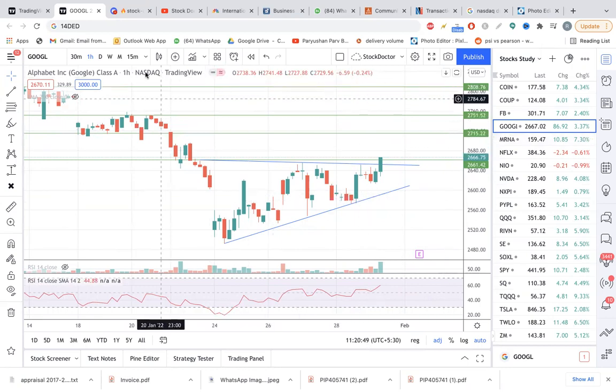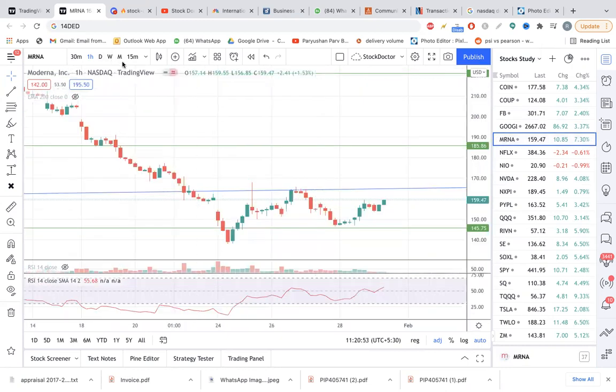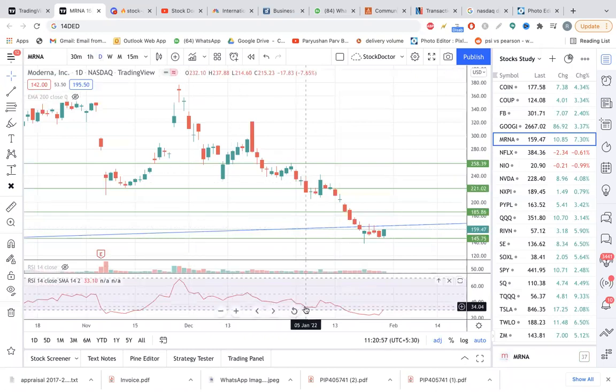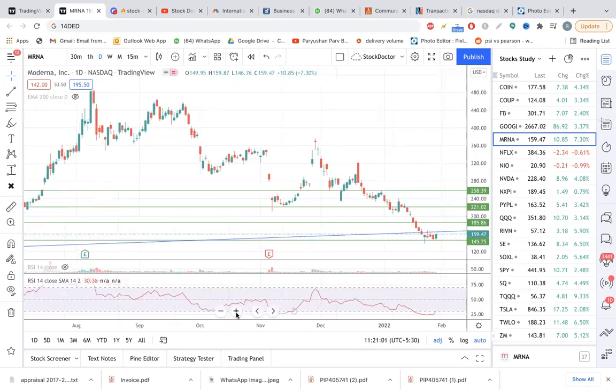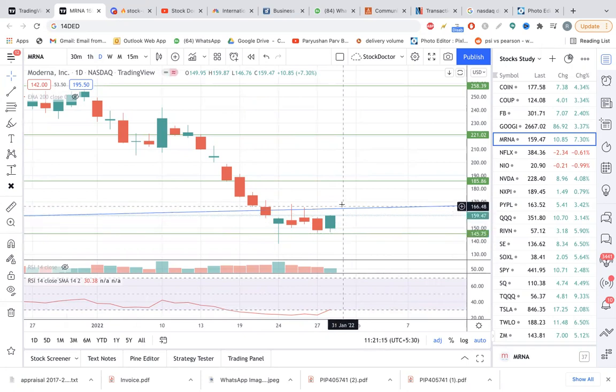Then we have the next stock, which is Moderna. For Moderna, you can see here on the daily time frame it has created a bullish engulfing pattern candle. The stop loss for Moderna should be below 145, and it has a high probability to go towards 170, 180, and 185.